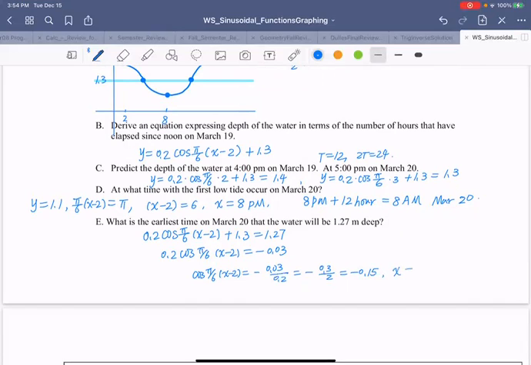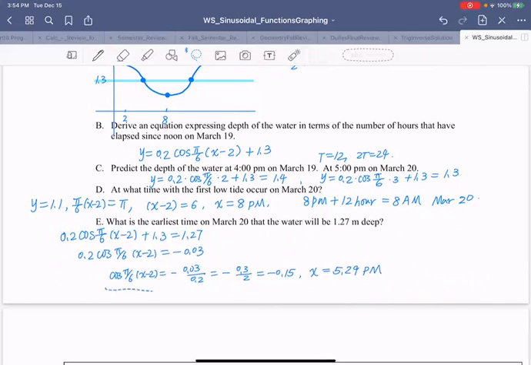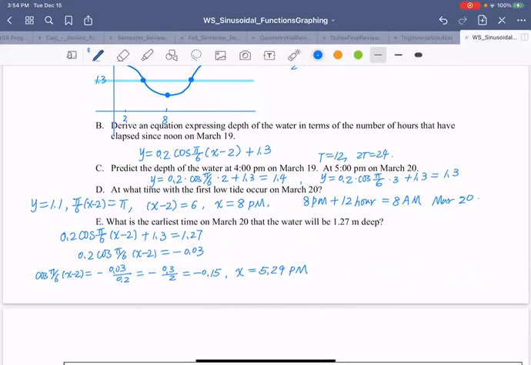How much is your x? It's 5:29 p.m. But this is what day?